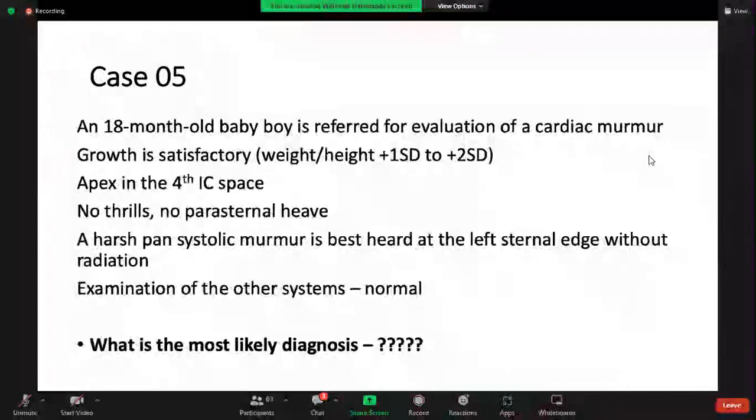As I mentioned before, we basically address the preload, afterload, and the contractility. So the medications we use in adults and pediatrics are a little bit different. So usually we go for diuretics and ACE inhibitors, very rarely digoxin, but we don't use GTN.